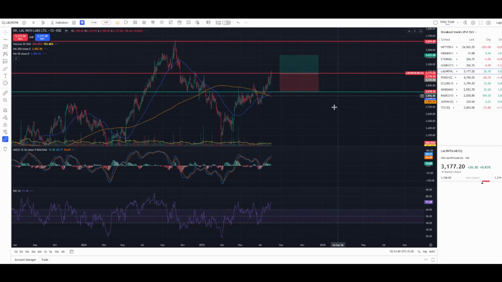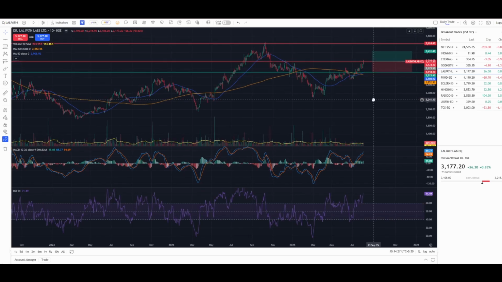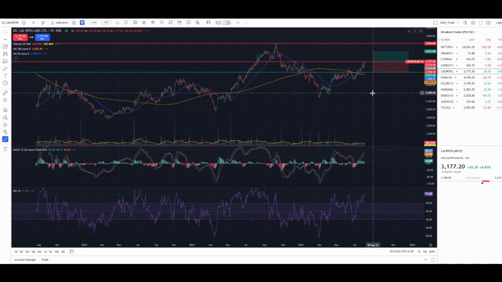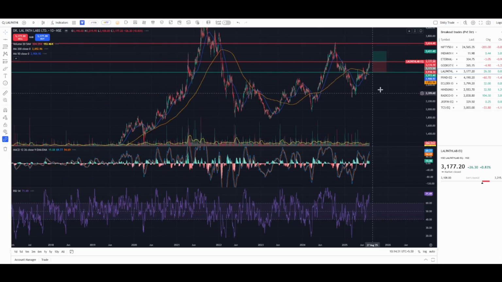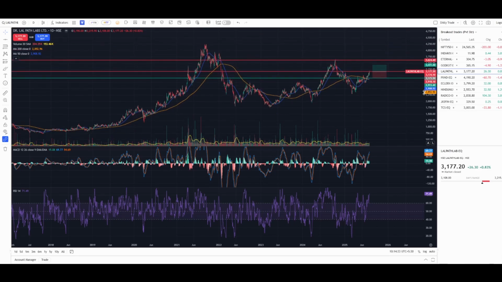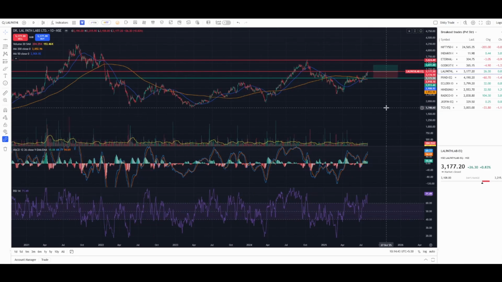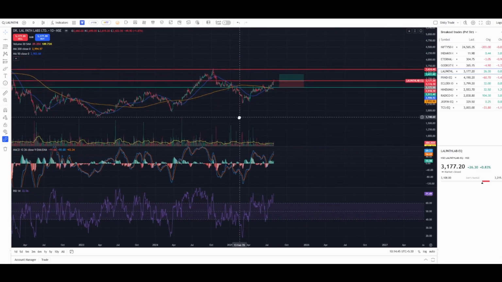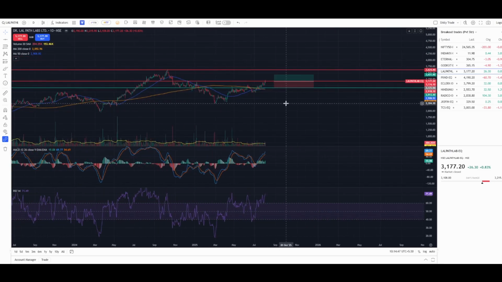Okay, let's go. The first thing I try to do is identify what phase. So this is the accumulation, distribution. Somewhat they do the distribution very quickly rather than the accumulation.